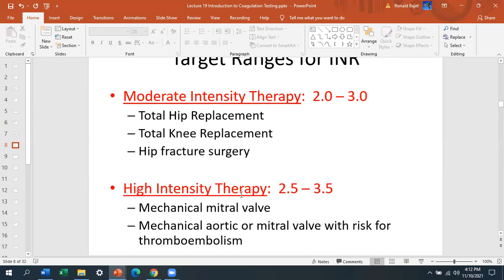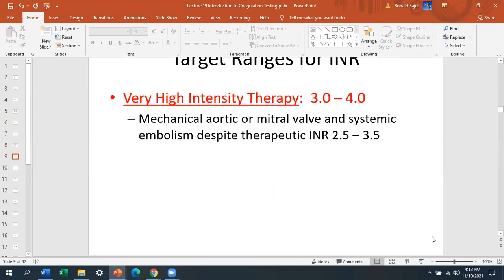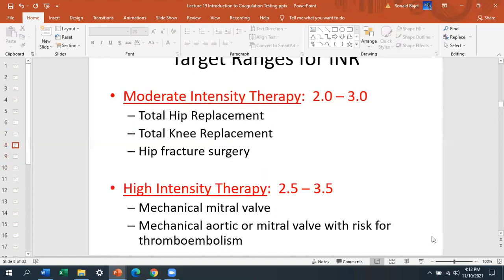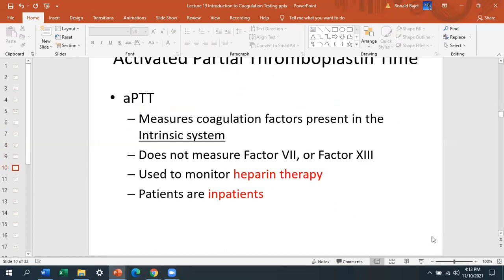High intensity therapy, they're looking at 2.5 to 3.5, and that's mitral valve, which is in the heart, mechanical aortic or mitral valve with risk for thromboembolism. And then 3.0 to 4.0 is very high intensity therapy, and that's mechanical aortic or mitral valve and systemic embolism despite therapeutic INR of 2.5 to 3.5. So those are the different target ranges: 2.0 to 3.0, 2.5 to 3.5, and 3.0 to 4.0.